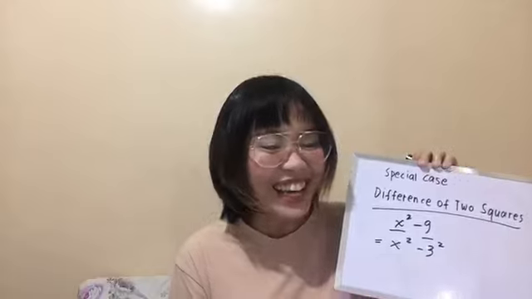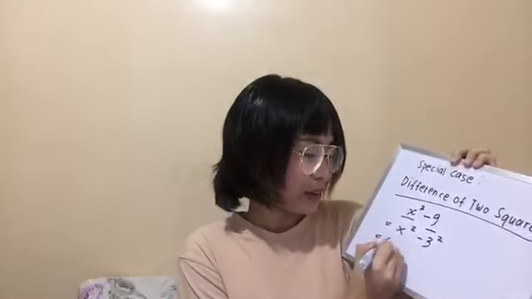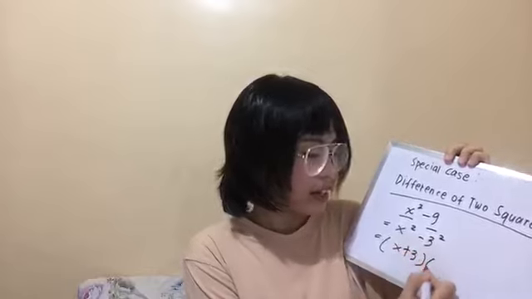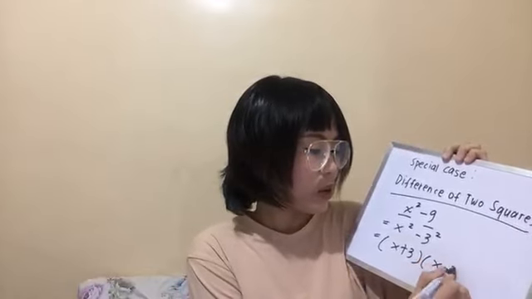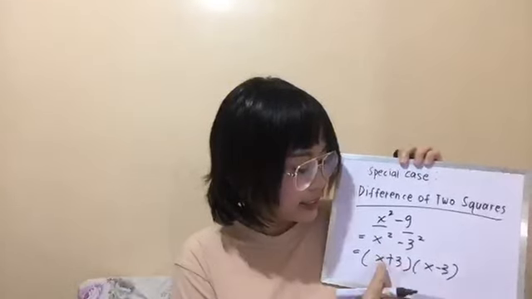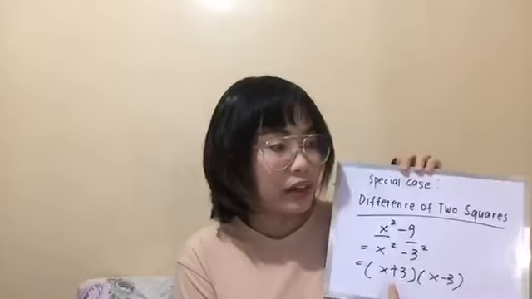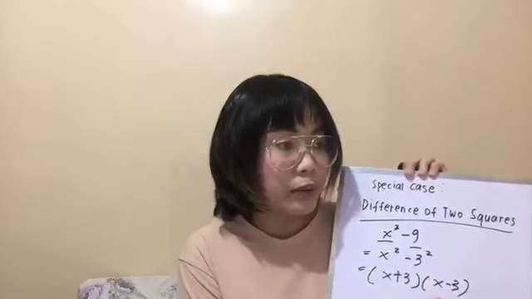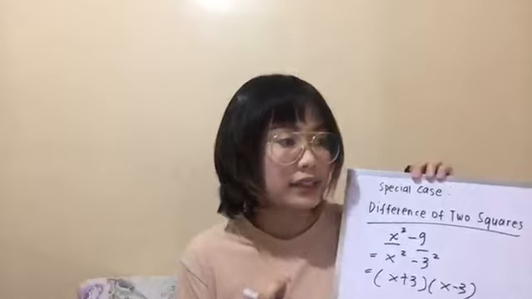So you factor them out by doing reverse signs. You can factor them out by this because if you do FOIL, or if you try to multiply them, the middle term will be cancelled.